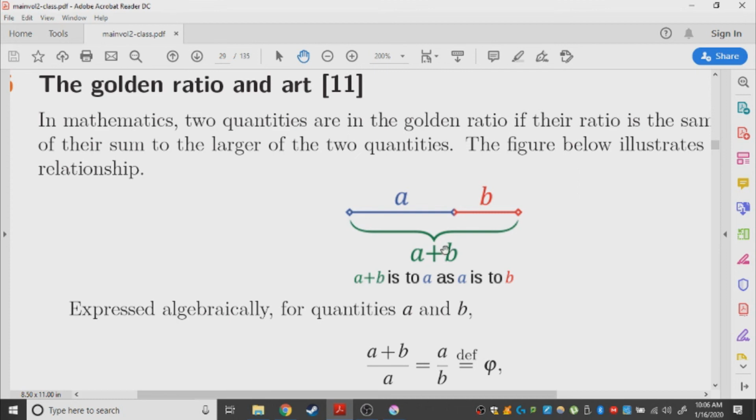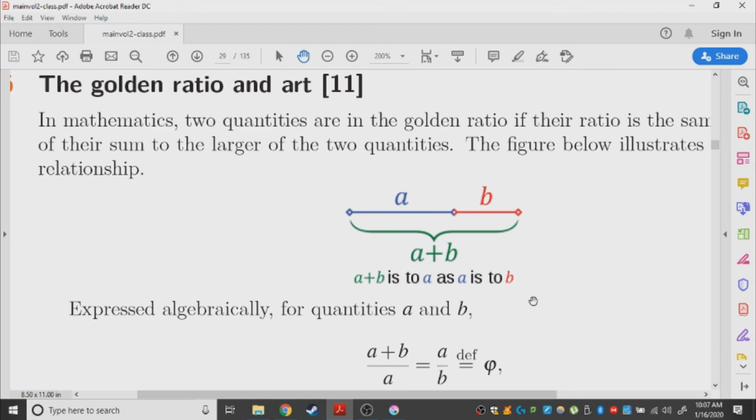That's why I'm trying to go slow so everyone can understand. First of all, we need to understand what ratio means. Ratio is another word for fraction, which is another word for division. So the ratio of those two lengths, A and B, is the small one divided into the big one.